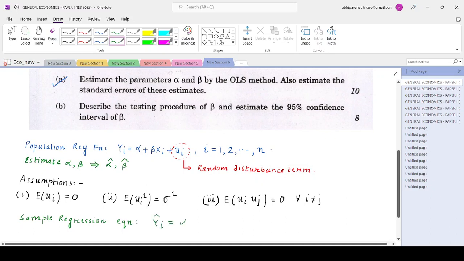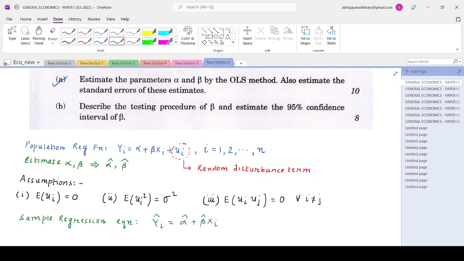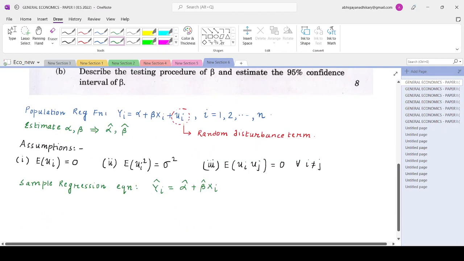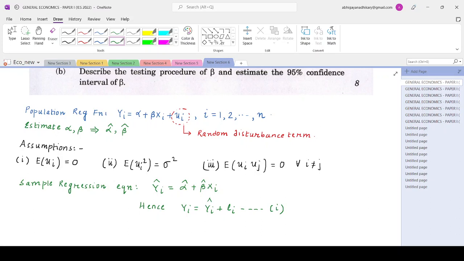The predicted yi will be simply alpha hat plus beta hat xi, because the error is unknown, and hence the actual yi will be the predicted yi plus an error. So let me label it as equation 1. yi equals yi hat plus ei, because a part of the yi can be predicted with respect to the regression equation, and the other part will be the error.